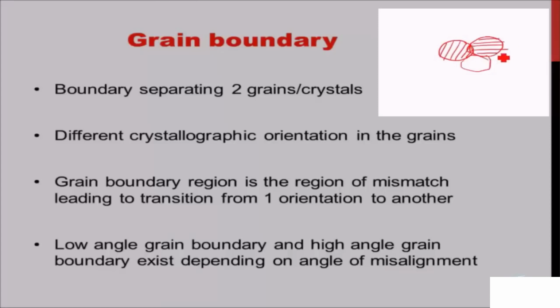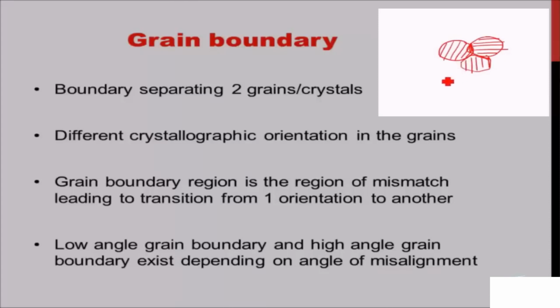So something like this, and the boundary where the change of crystallographic orientation takes place is known as the grain boundary. Between this grain and this grain, there is a change in crystallographic orientation over here, and over here and here. So these are the grain boundaries.